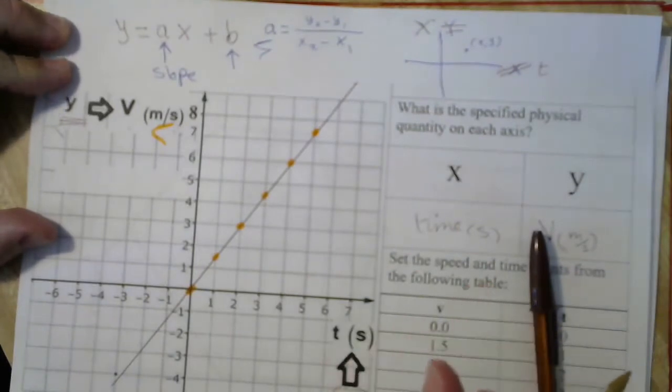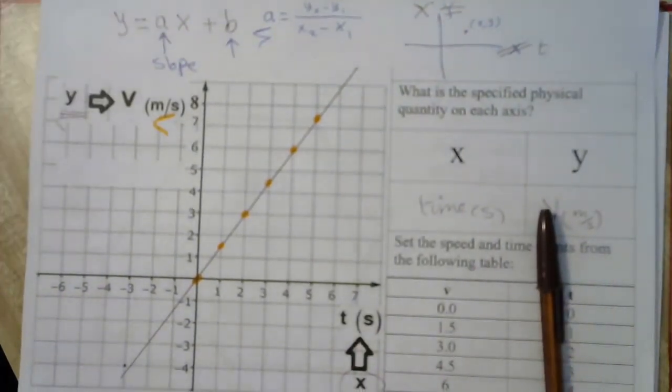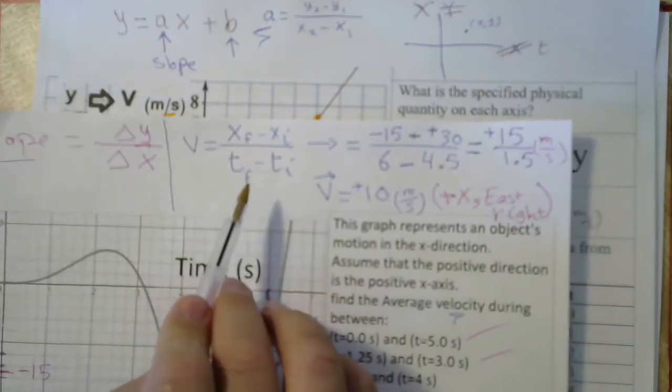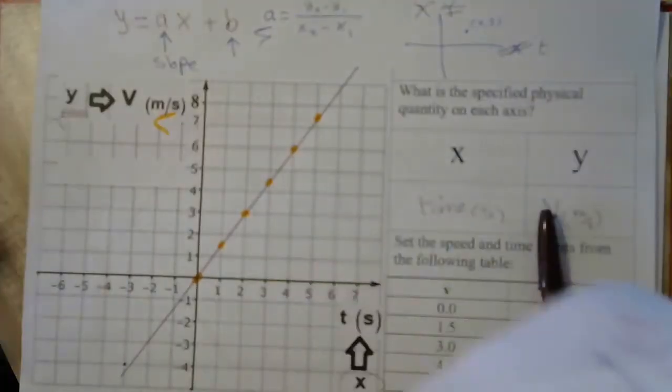The slope in the previous example was the velocity, which is delta x over delta t. But now we don't have the position on the y-axis, we have the velocity.